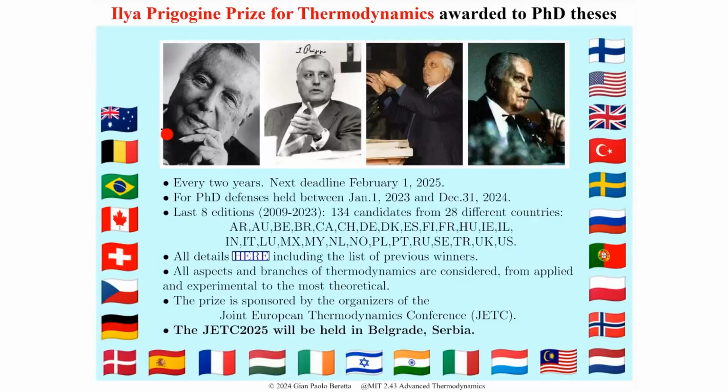So if you ever end up with a PhD thesis in the field of thermodynamics, all aspects of thermodynamics, from applied to experimental to very theoretical, don't forget to apply for this prize. It is done every 2 years. The next deadline is February 1st next year. And for this call, it will cover PhDs defended between January 1st of last year, 2023, and December 31 of this year.